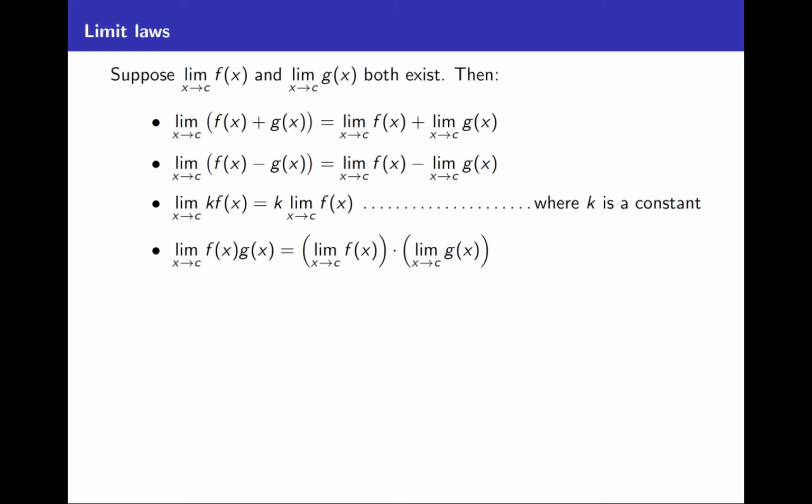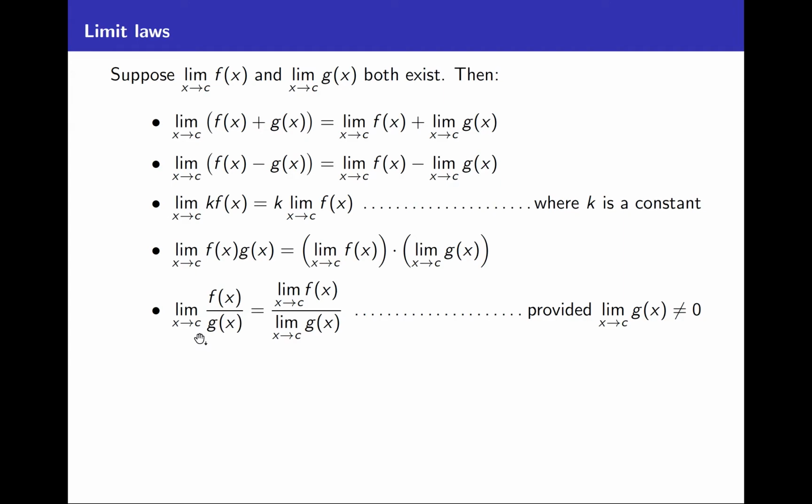And that should be what f of x is getting closer to times what g of x is getting closer to. In other words, it's the limit as x approaches c of f of x times the limit as x approaches c of g of x. So sometimes it's useful to apply this limit law when you're taking the limit of a product of two functions. You can break that down into the product of the two simpler limits, this times that.